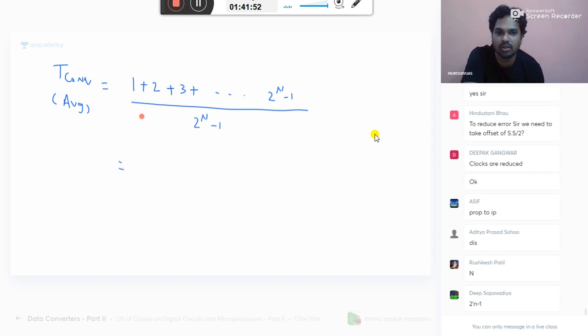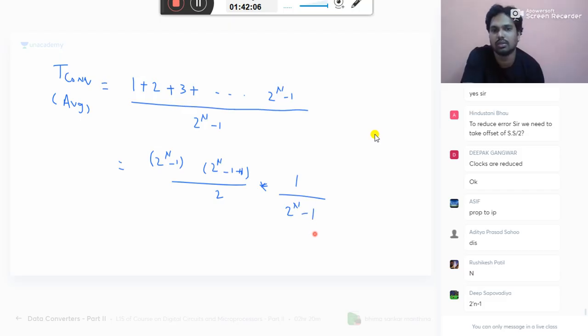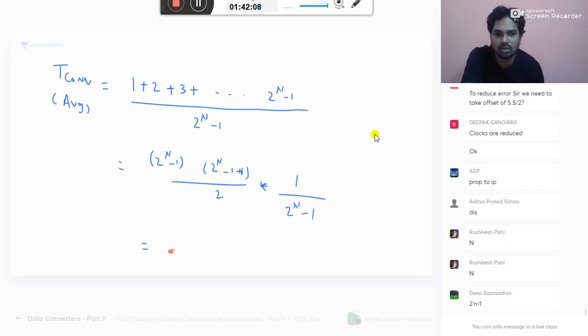This will give you the average. So what is the formula? N into n plus 1 by 2. This is a mathematical part. I hope you don't have any doubt in this. Then what is the answer? 2 power n by 2, which is 2 power n minus 1.